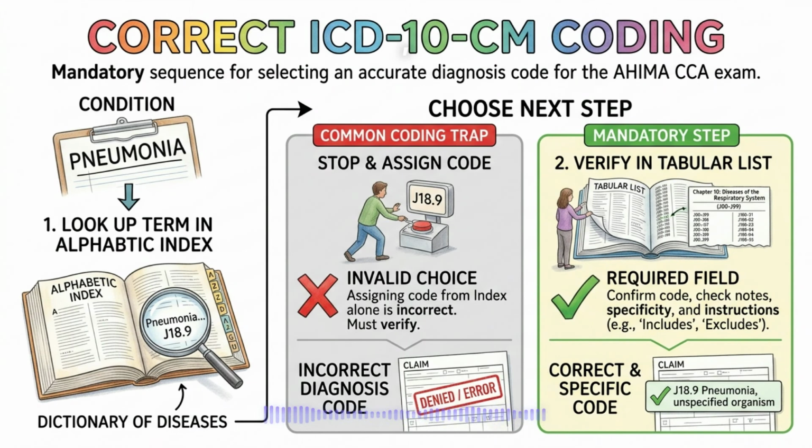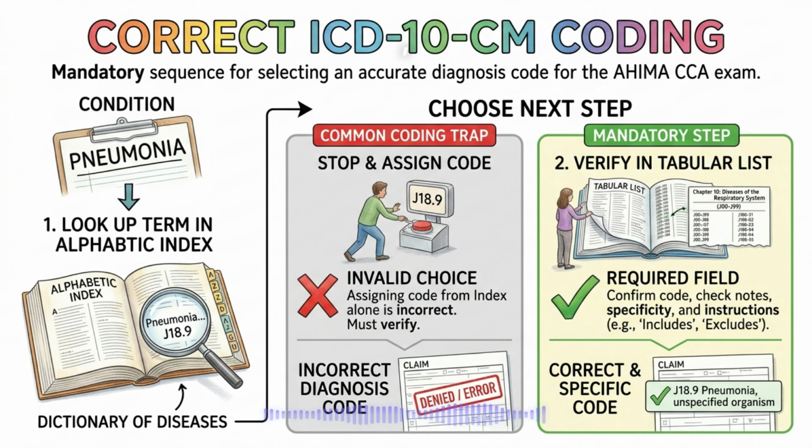The second part is the tabular list, which contains the actual alphanumeric codes organized sequentially by body system or disease category. You will always look up the medical term in the alphabetic index first, and then you must verify the code you find by checking the tabular list.